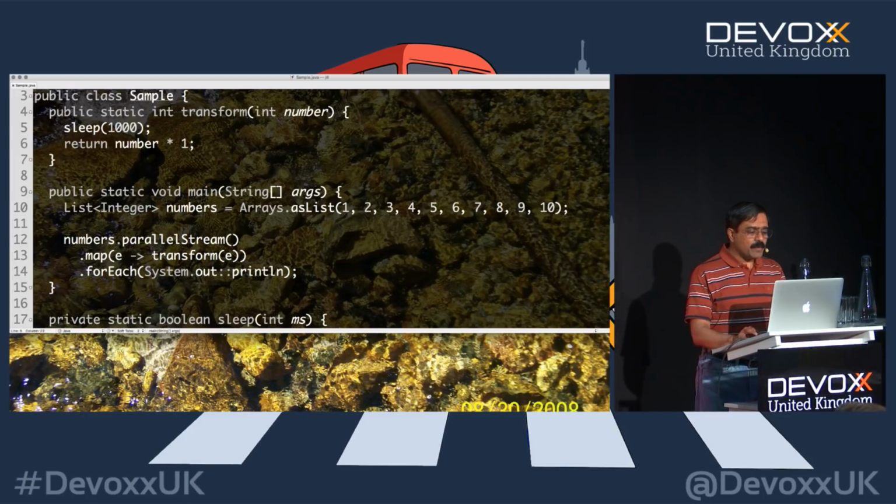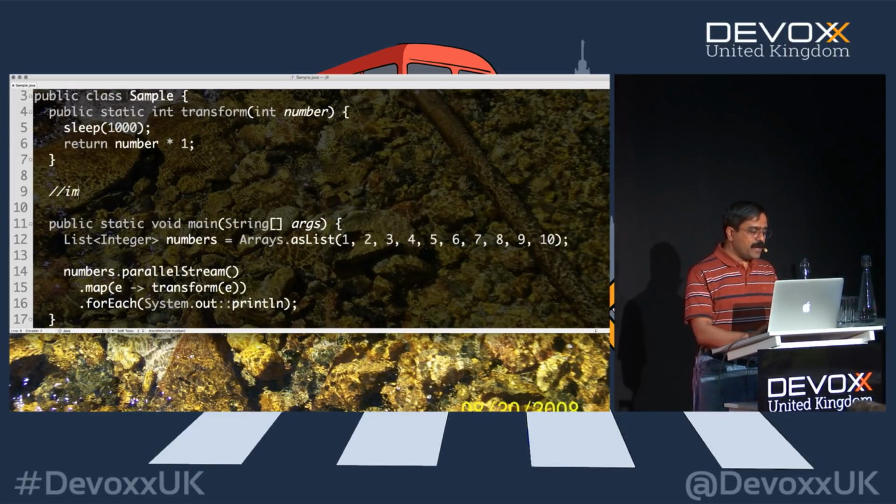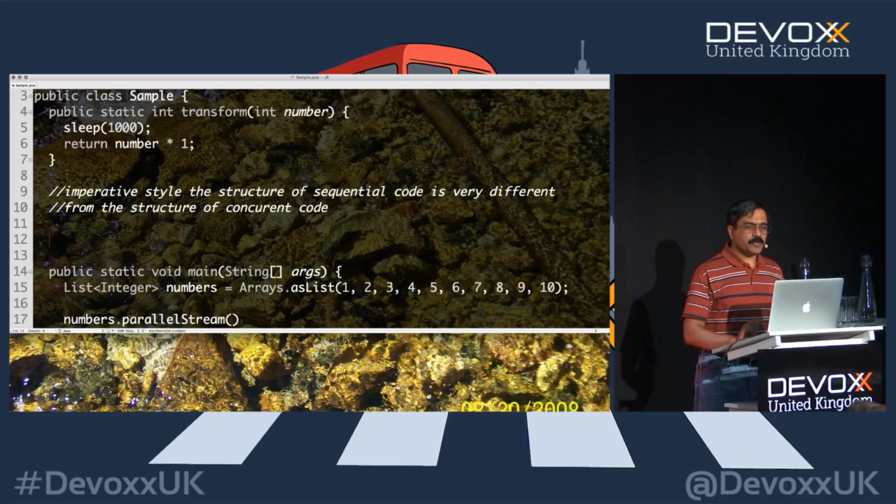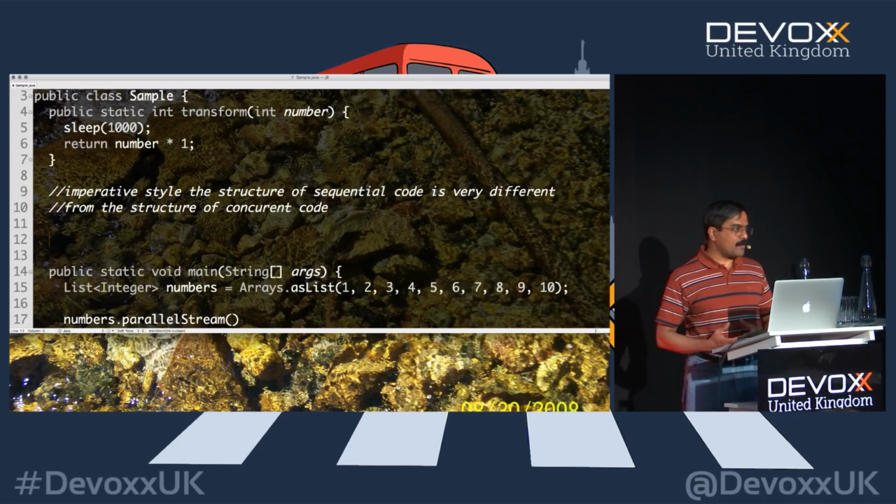This is one of the things to keep in mind in imperative style code. The structure of sequential code is very different from the structure of concurrent code. This is something we have suffered through for a very long time in programming history.